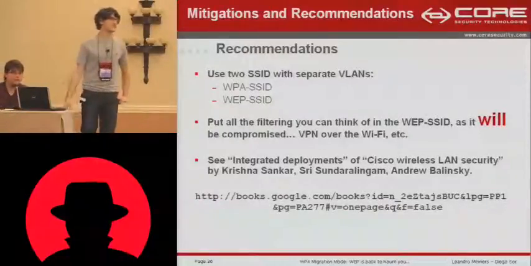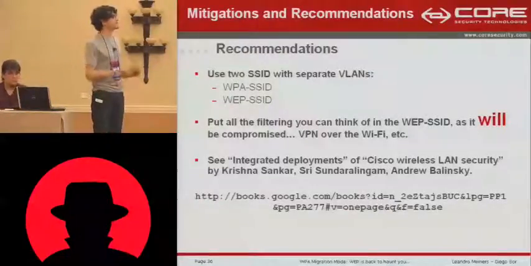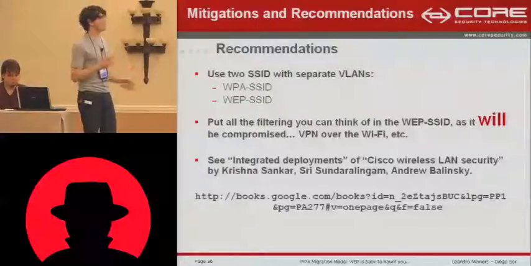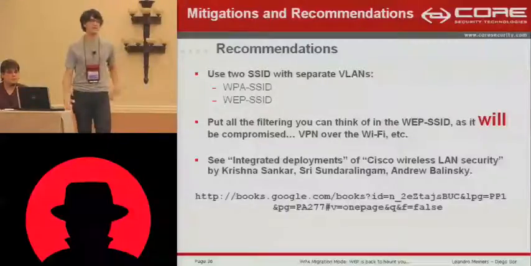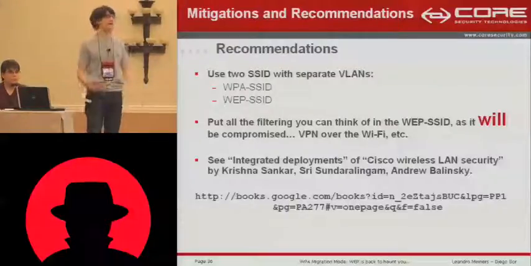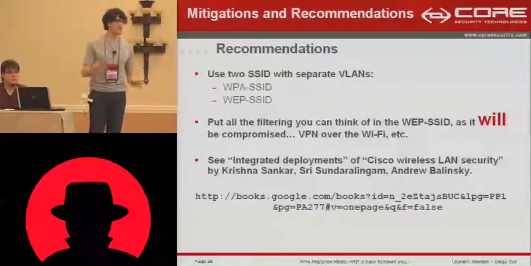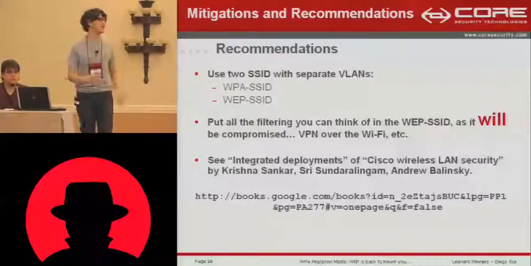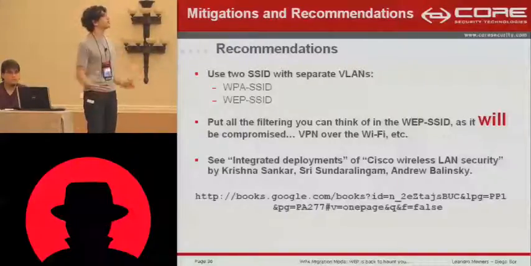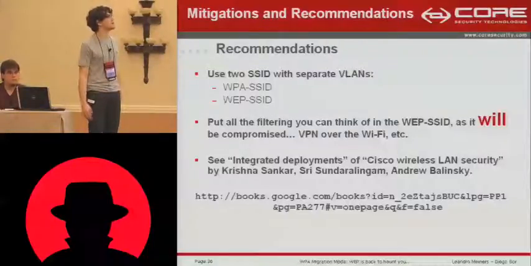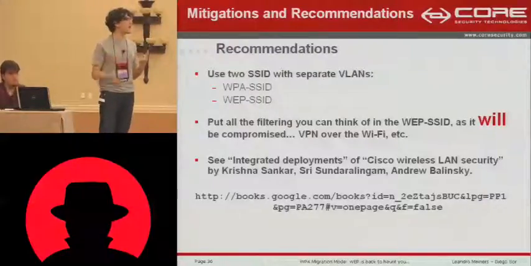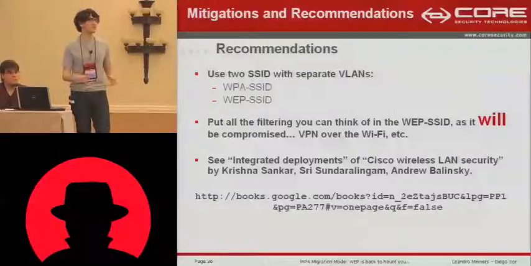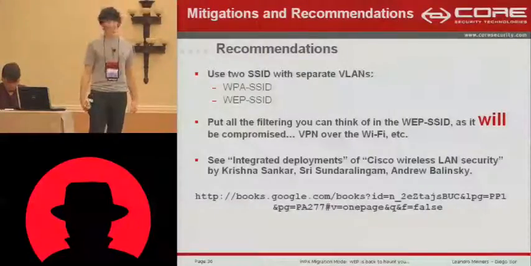And some recommendations. Try to split your AP using two different service set identifiers, one for WPA and the other one for WEP. So you can put all the filtering and all the access control you need between those VLANs. This is much more secure than the first option, which is the one SSID using both encryptions.